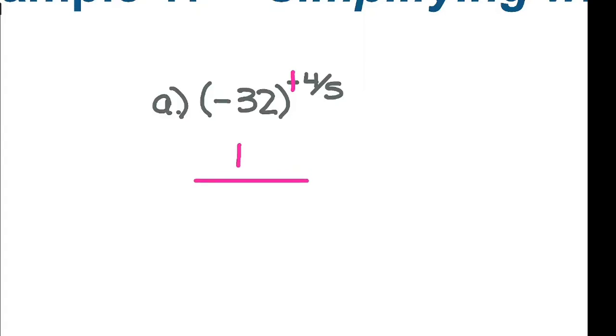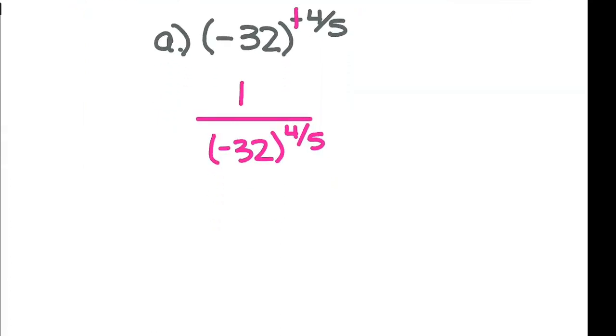So it's going to be 1 over a negative 32 raised to the 4/5 power. From here, you're going to apply that 4/5 for the power. The 4 is going to stay on the negative 32. The 5 becomes your index. So this is going to be 1 over the 5th root of negative 32 to the 4th power.